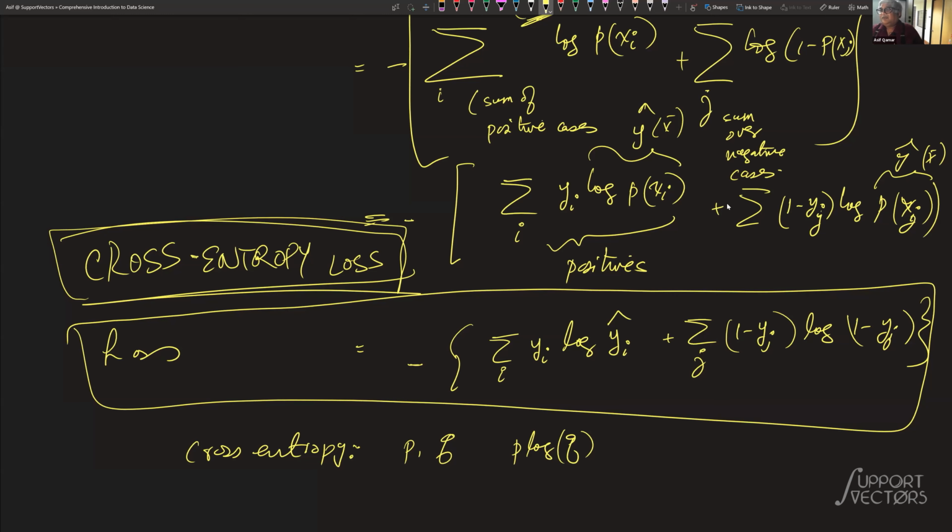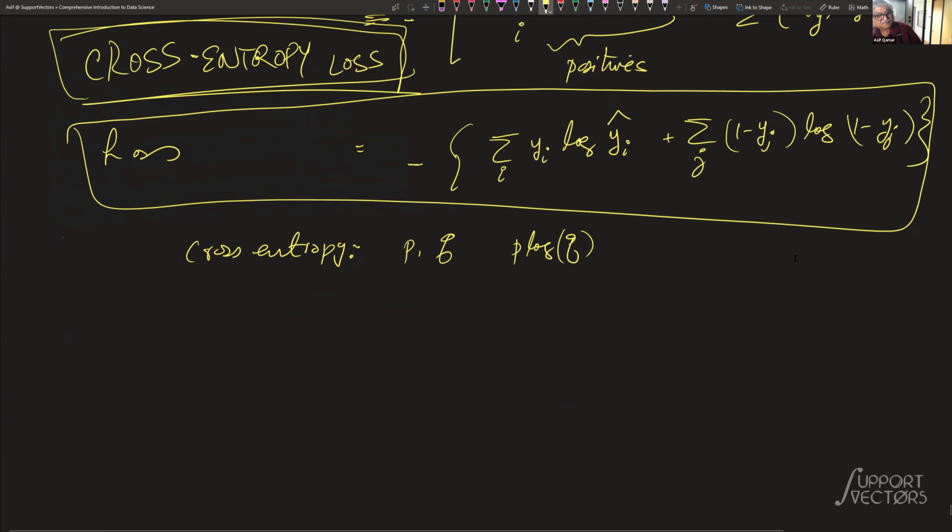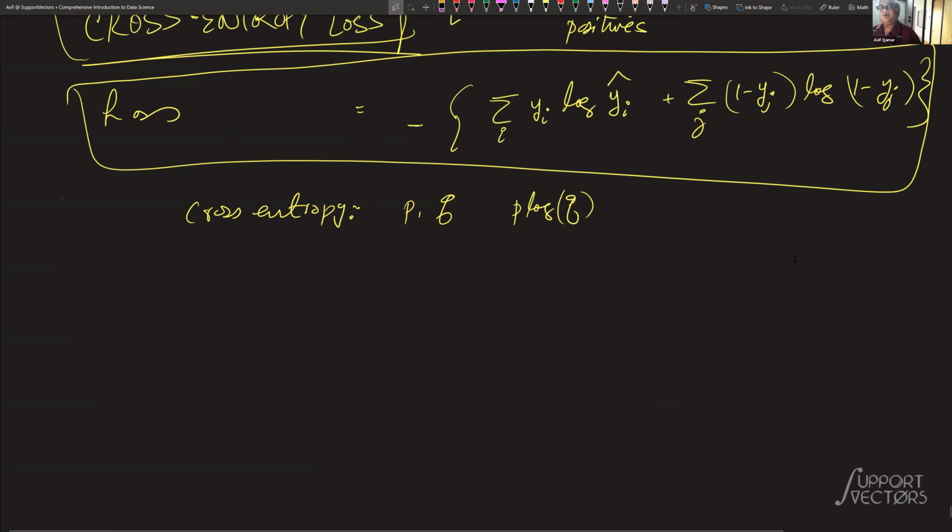Now you may ask, well, if you're looking at likelihood, why didn't we use the likelihood argument for regression also? Right. So I would like to take a very small digression to show you that when you apply it to regression, the likelihood function, the loss function automatically becomes the sum squared error.